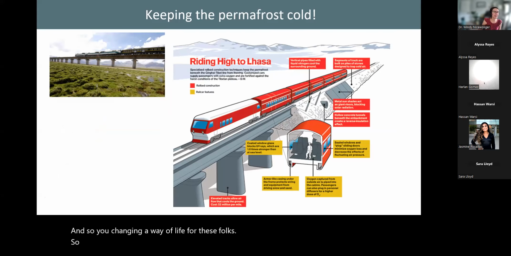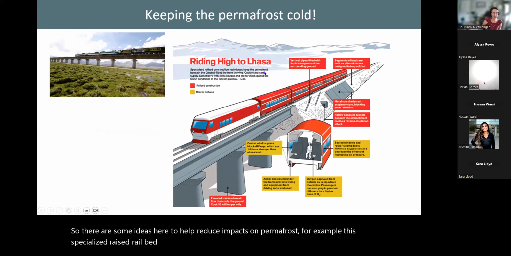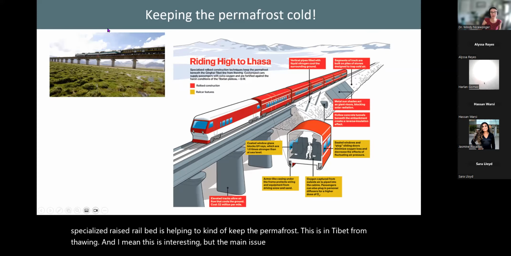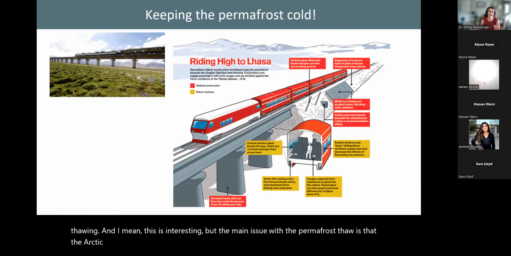So there are some ideas here to help reduce impacts on permafrost. For example, this specialized raised rail bed, in Tibet, is helping to keep the permafrost from thawing. And this is interesting, but the main issue with the permafrost thaw is that the Arctic is seeing amplified change due to climate change.